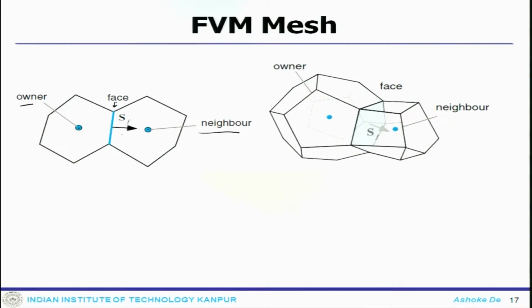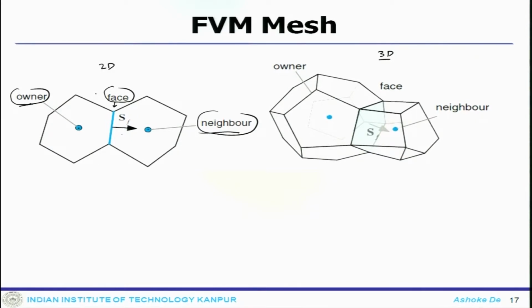So, the orientation needs to be accounted for, or rather stored, so that you can have proper clarity on these elements. And the similar thing, this is in 2D. So, this gives you an idea, this is 2D and this is in 3D. So, that gives you an idea about owner, neighbor and face, so that you have an idea about the orientation.